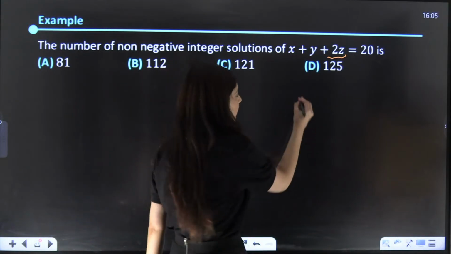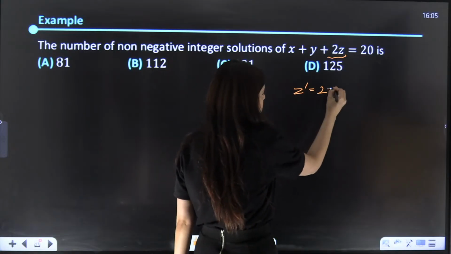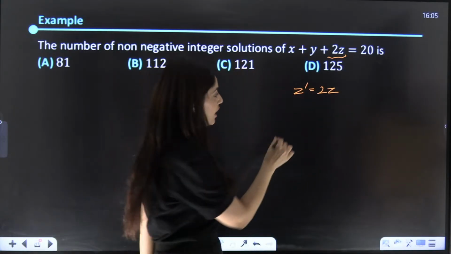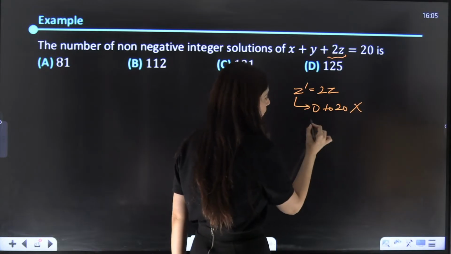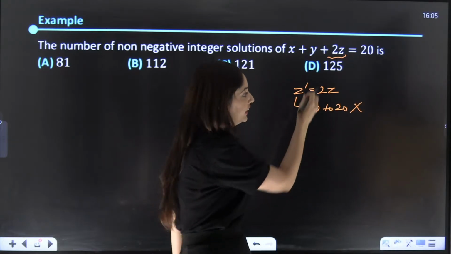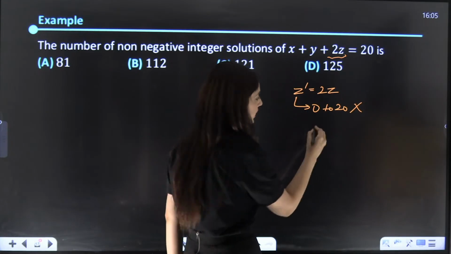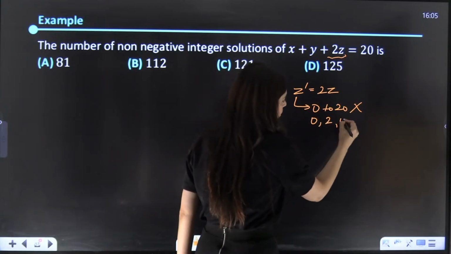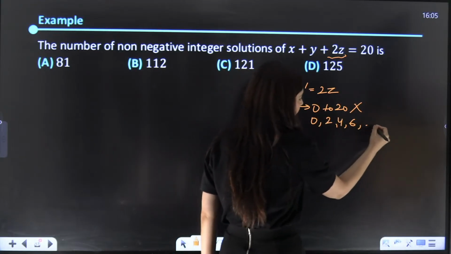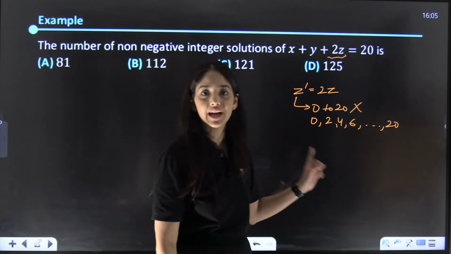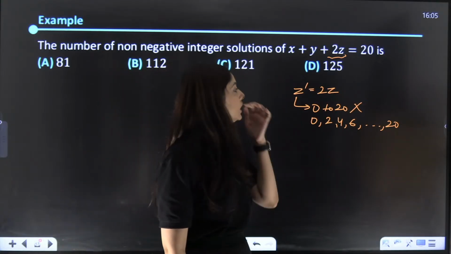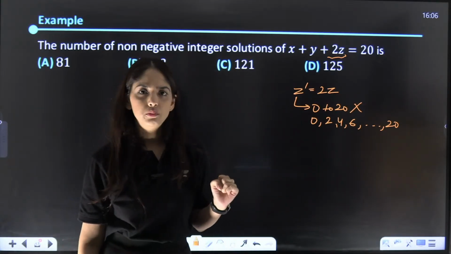Even if we replace this by another variable, it's not like it can go from 0 to 20 freely. It will go from 0 to 20, but only even numbers, right? 0, 2, 4, 6 and so on up to 20. Not all possible natural numbers, right? So we cannot apply our formula directly.